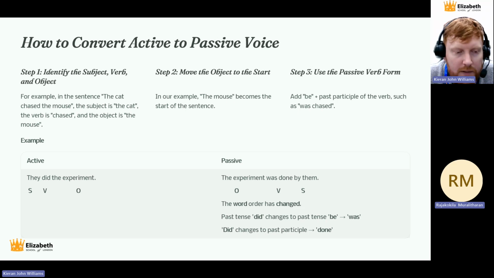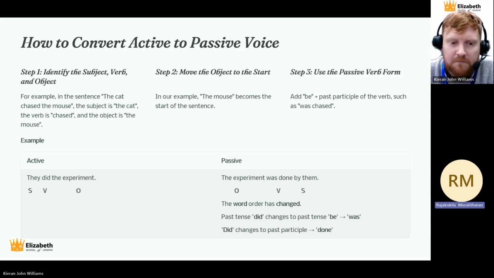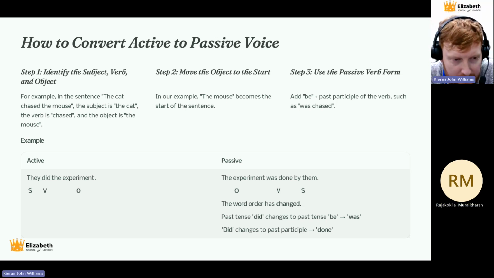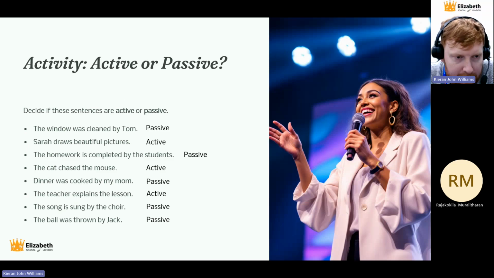Passive is object first, then verb second, and then subject last. Exactly. Very good. So for this first one, we would say it is passive. Right. What do you think about this second one?